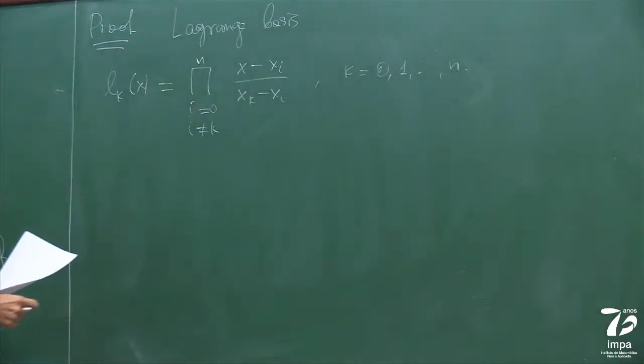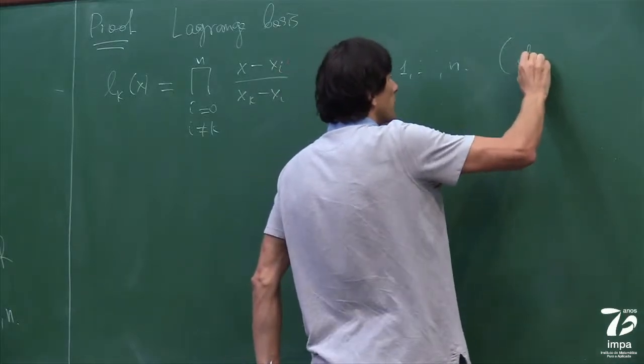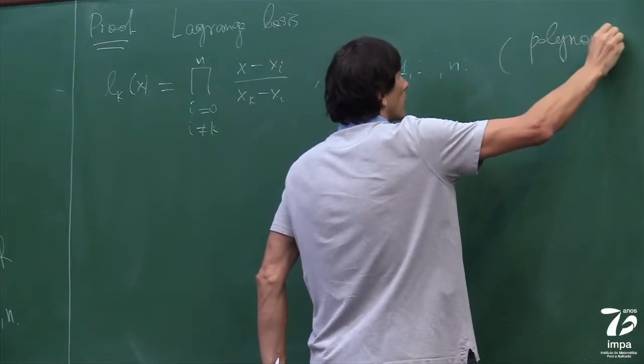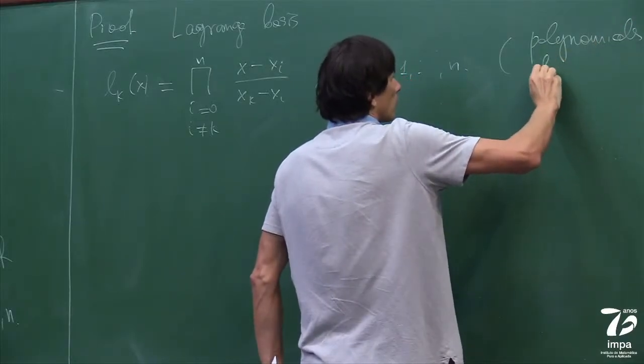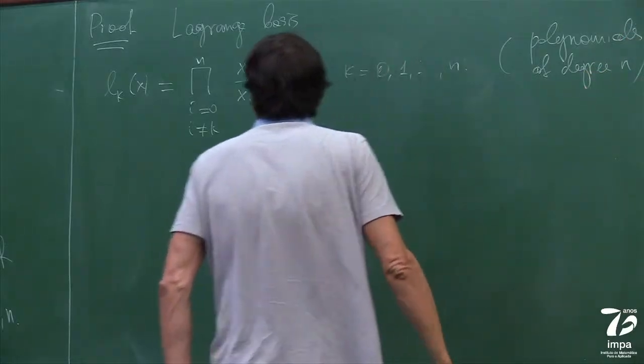This way you get a collection of n plus 1 polynomials, all of degree n.